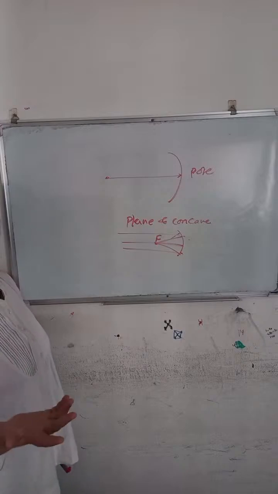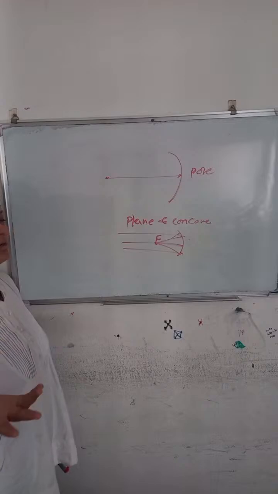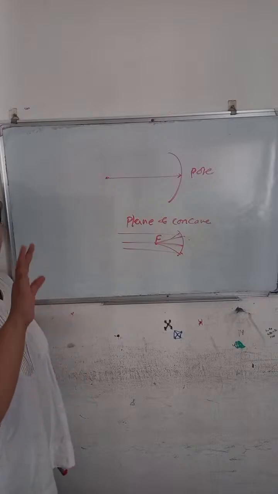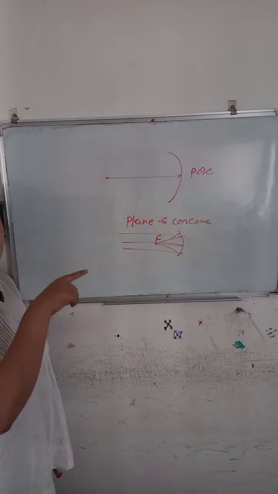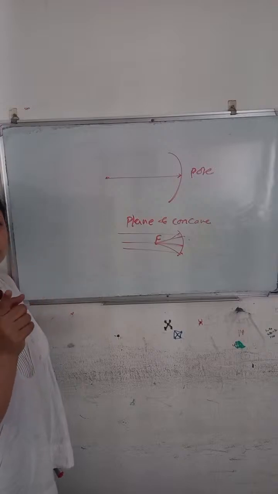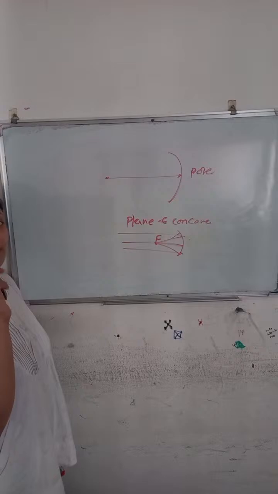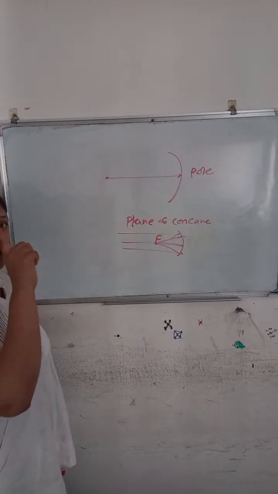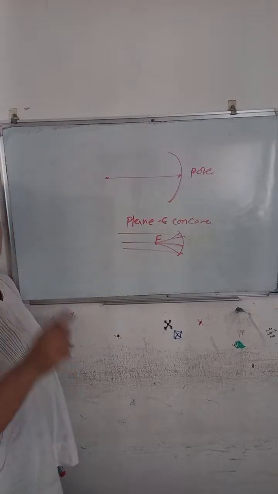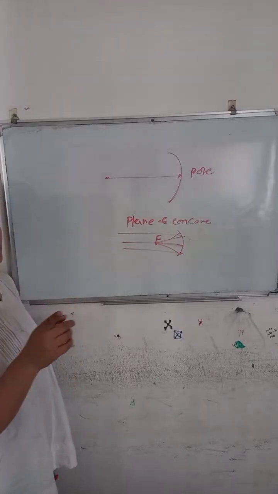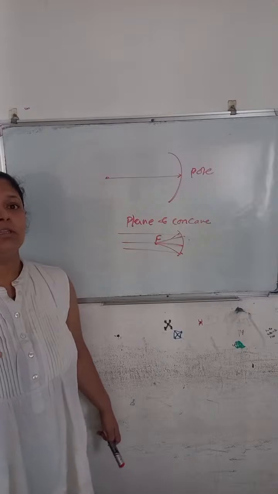I know concave mirrors are used as a shaving mirror, as well as in torch or headlight, but we should know why concave mirrors are used as shaving mirrors, because they always give an erect and enlarged image. So the object is pointing towards the pole. So here the position is the pole. And whenever they form, as we are using in torches, that means what?